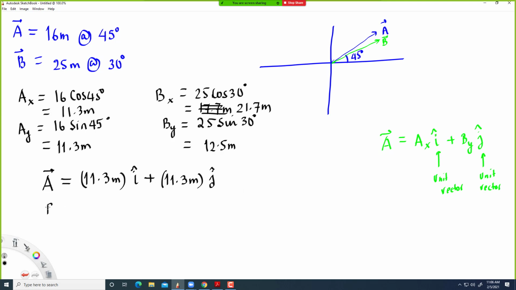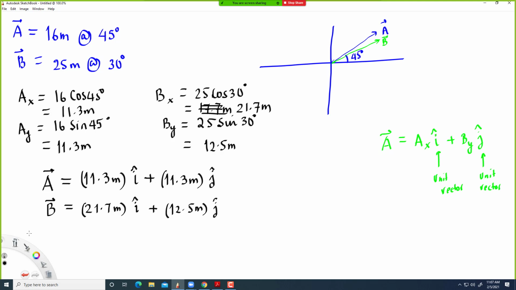And then B is 21.7 meters. That's along x direction. And then by is 12.5 meters. That's along y direction, so that's j hat. Okay, so that's part A.